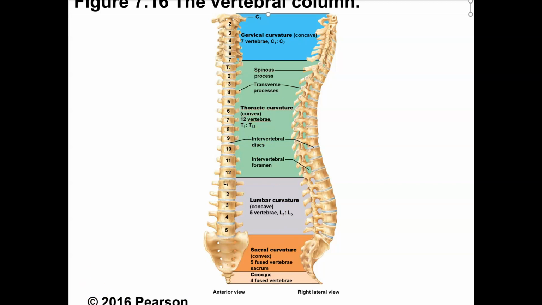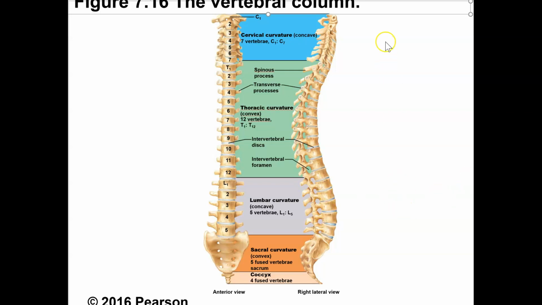The curves in the spinal column are there to help us with weight distribution. So the cervical curve is a lordosis or a lordotic curve. The lumbar spine also has a lordotic curve, which means that it curves slightly to the anterior.